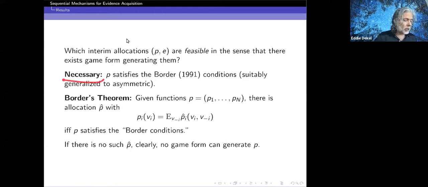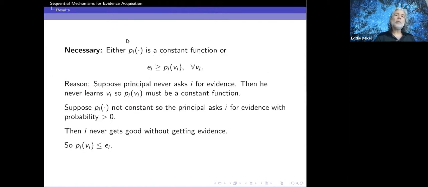Okay, this is clearly a necessary condition. If given a P, there's no ex post way to generate that P, obviously we can't get it. Now there's going to be another necessary condition. The other necessary condition is on the evidence. This is new to this type of talk.